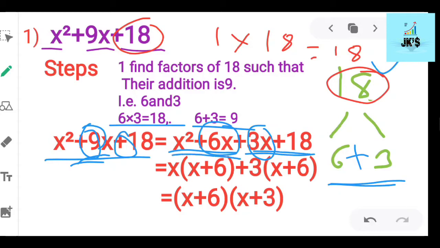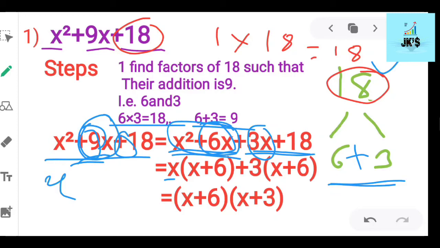Now when we see this new expression, 9x is split into 6x plus 3x. Consider the first two terms, that is x square plus 6x. We have to take x common.